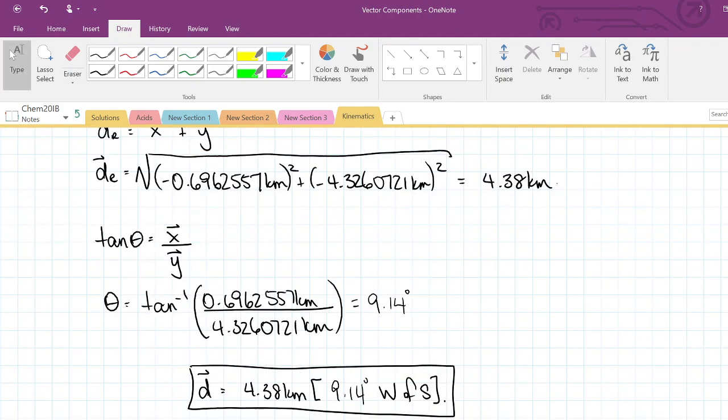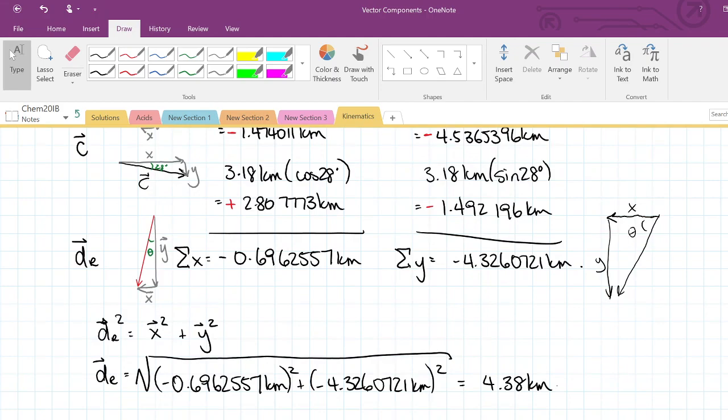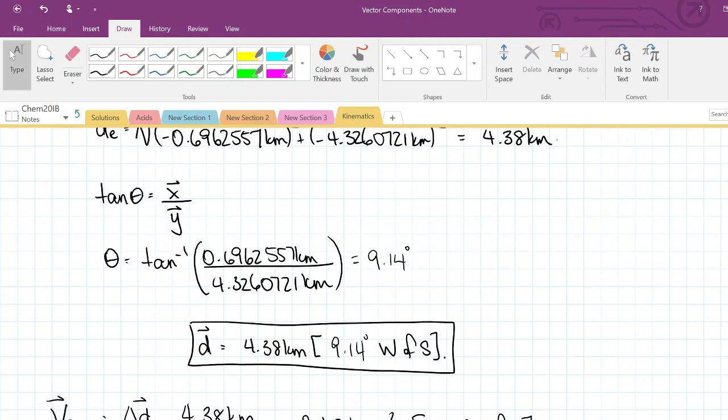I chose to go with tangent again. The tangent is the x, the opposite, over the y, the adjacent, so with respect to this angle, opposite over adjacent. I'm going to rearrange and plug my numbers in, and I get an angle of 9.14 degrees. Now, when we're solving SOHCAHTOA for these physics problems, you don't have to take into account the sign.